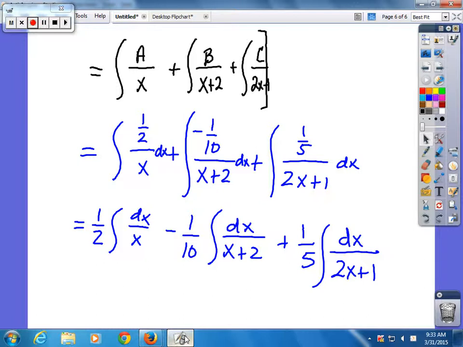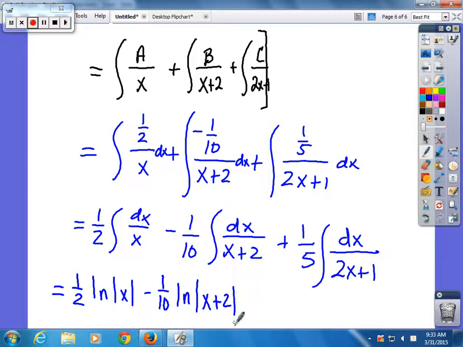Equals 1/2 natural log of x minus 1/10 natural log of x plus 2 plus 1/2 times 1/5 is what? 1/10 natural log of 2x plus 1.